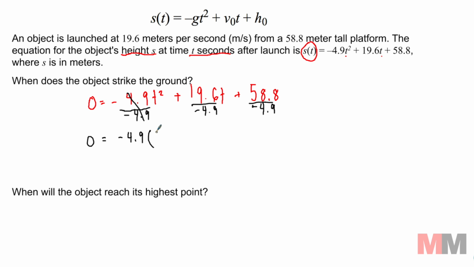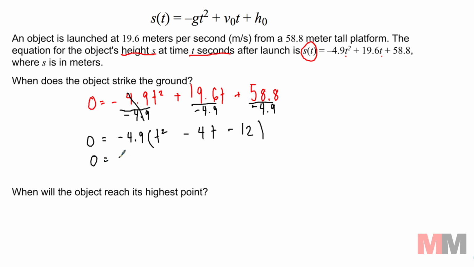These cancel out, so I'm left with t squared. 19.6 divided by negative 4.9 is just negative 4t, and 58.8 divided by negative 4.9 is negative 12.